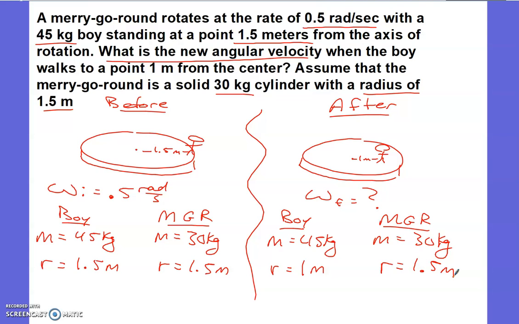We're going to use the idea of conservation of angular momentum, which says that the moment of inertia times the angular velocity is equal to the angular momentum. So we're going to have to use these masses and radii to solve for the moments of inertia. Let's start with the boy in the beginning, the before, and then we'll look at the after.